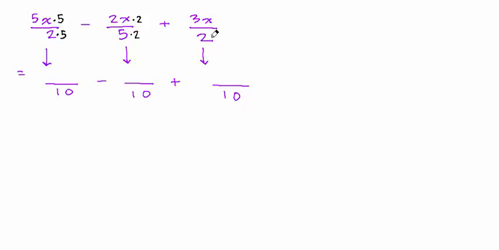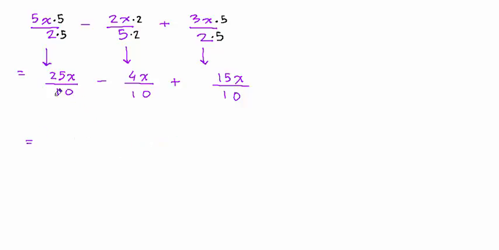And finally, multiply the numerator and the denominator on the third fraction with 5, as we have 2 times 5 is 10, just as the first one. So this one's 5 times 5, which is 25x, minus 2 times 2 is 4, times x, 4x, plus 3 times 5 is 15, 15x.